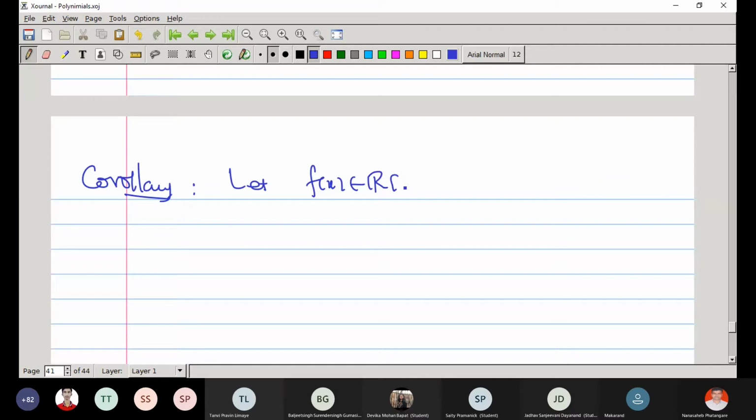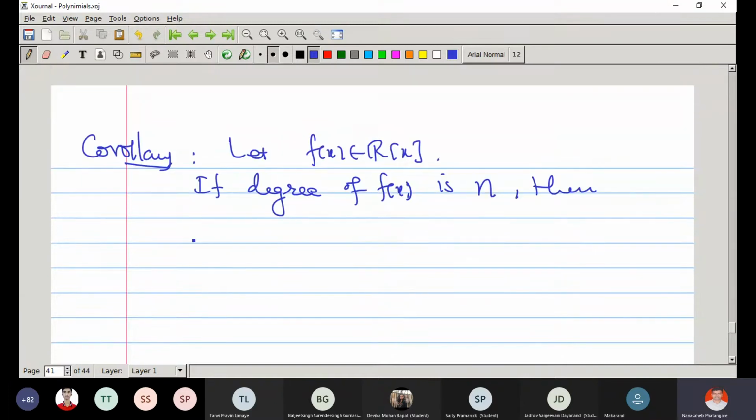If the degree of f(x) is n, where n is a positive integer, then f(x) has at most n distinct roots.